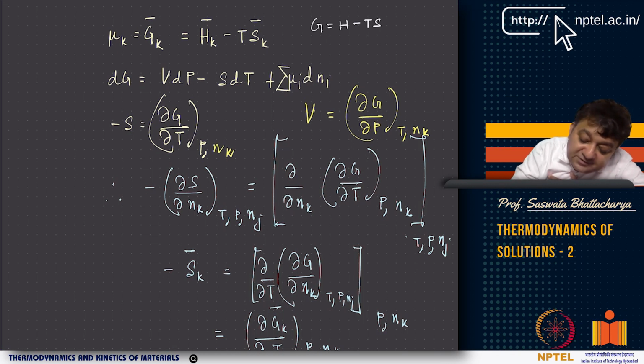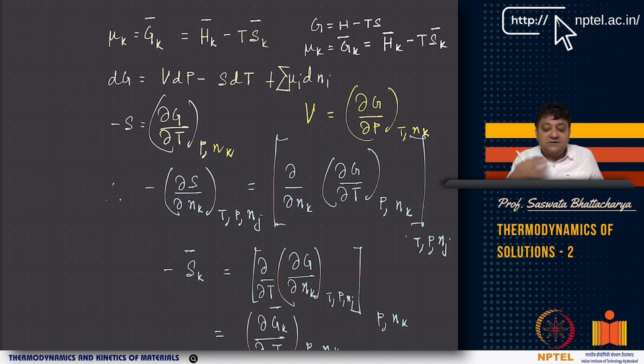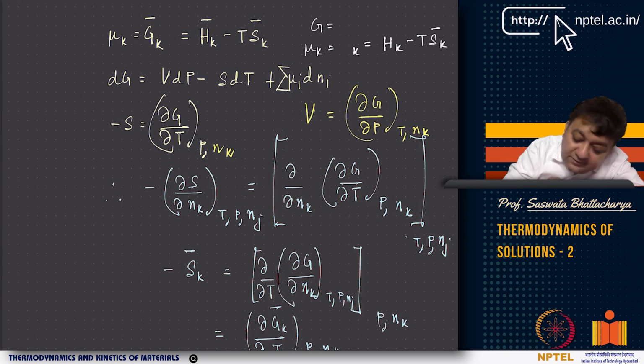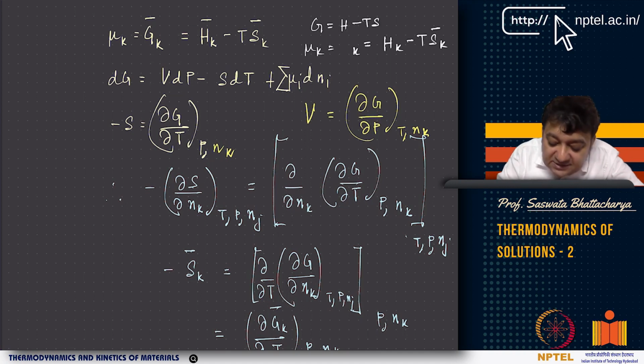Similarly, for each species you will see the partial molar property, which is like mu k or Gk bar, you can call it, is nothing but Hk bar, the partial molar enthalpy, minus T Sk bar. That is very interesting, because G is the total property of a multi-component system, equal to total enthalpy minus Ts, and H, G and S are all extensive properties.